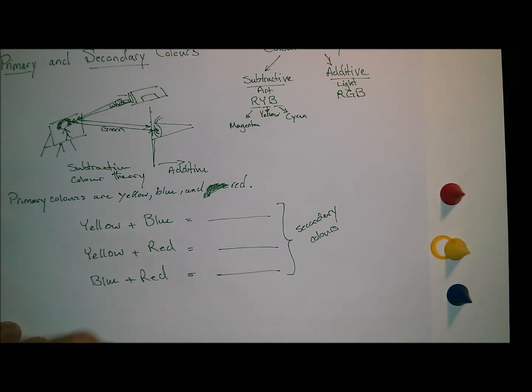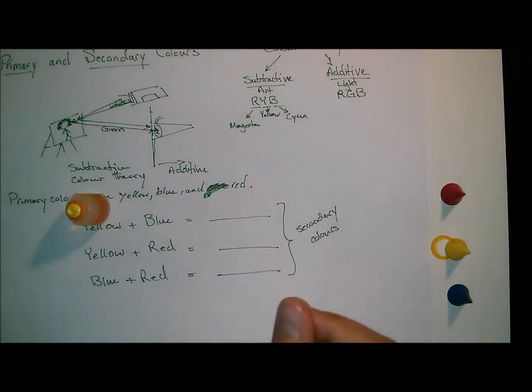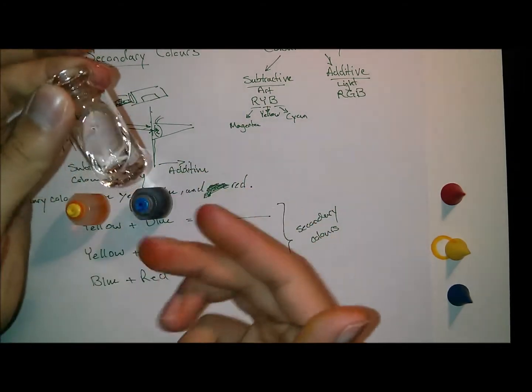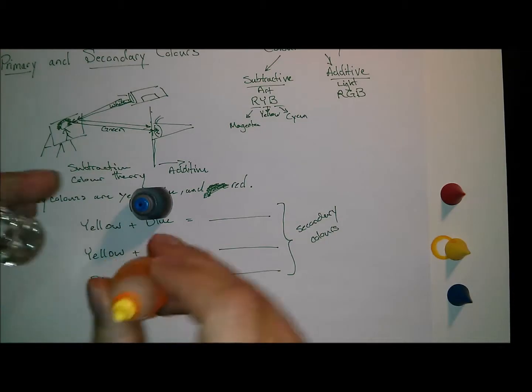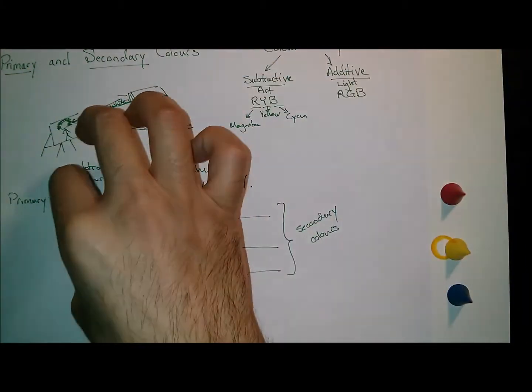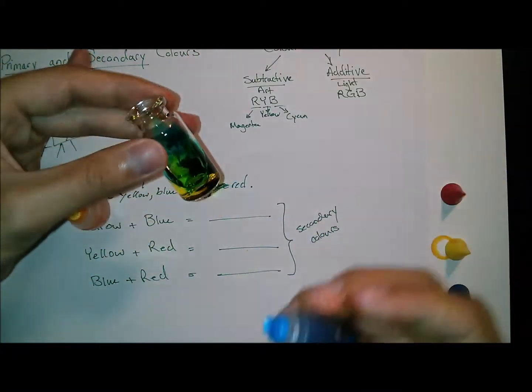Secondary colors you can make, primary colors you can't. We can show this with a very simple demonstration. We have yellow over here and blue. These are food colors, food coloring. And what I have over here is a test tube with a little bit of water. All I'm going to do is add 1 droplet of yellow and 1 droplet of blue.